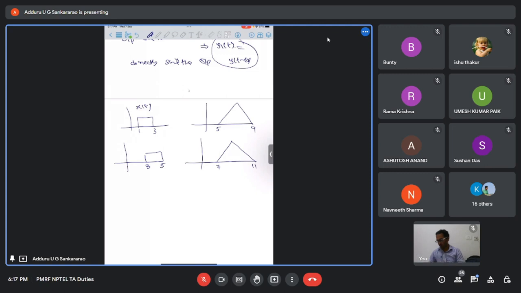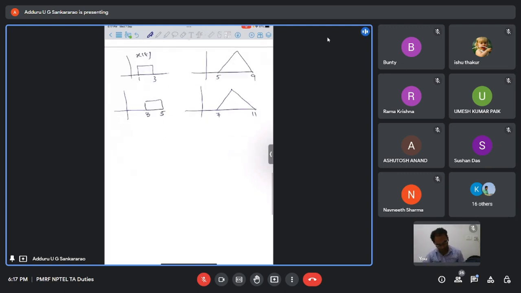So let me take one example. Let us say y of t equal to 5 x of 5t. Now, can somebody tell me, is it a time variant system or time invariant system?